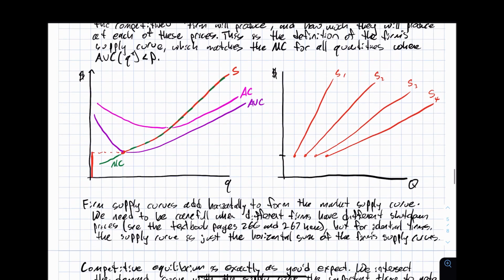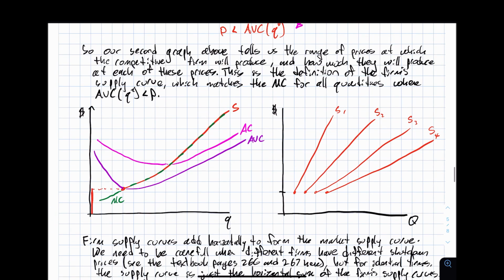So just to simplify this and show it in a prettier picture, our supply curve is this red line. When price is below this shutdown rule, we produce 0. And we produce 0 all the way until we reach a price that's at least average variable cost.